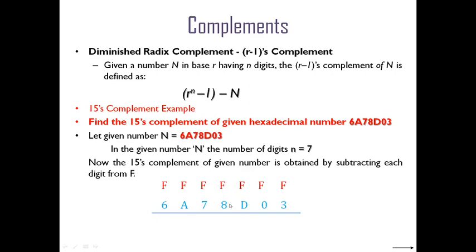Now F minus 8; F minus 7 is 8. F minus A, A is 10, that is 15 minus 10 is 5. F minus 6 is 9. So we get 9, 5, 7, 8, 7, 2, FC. These are the 15's complement. Okay.